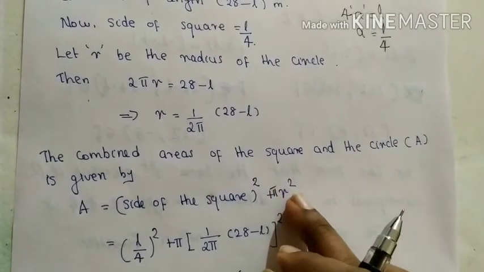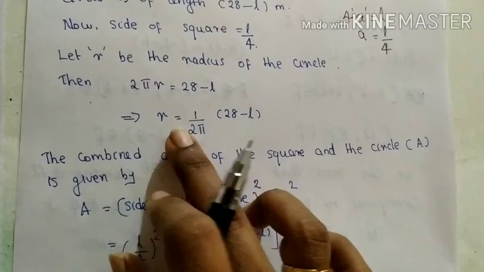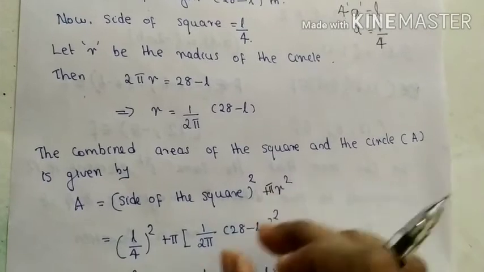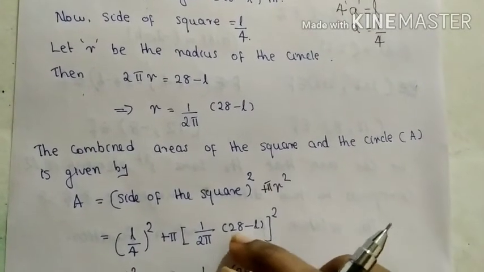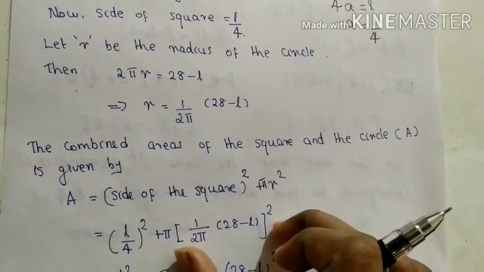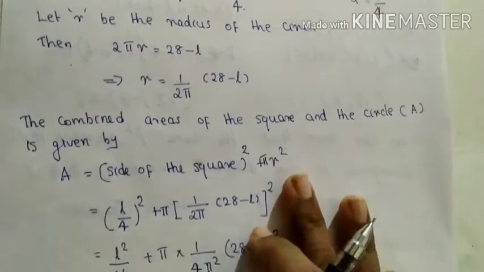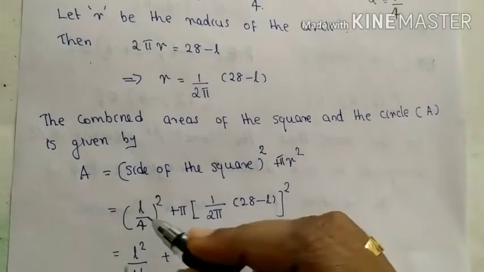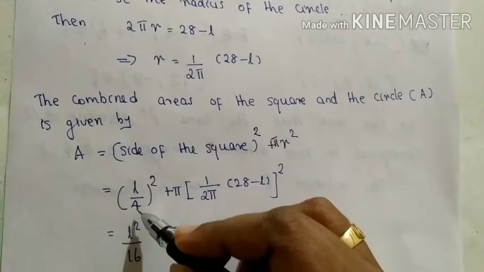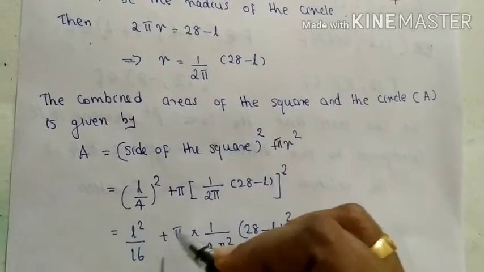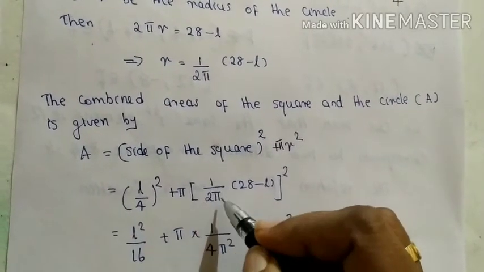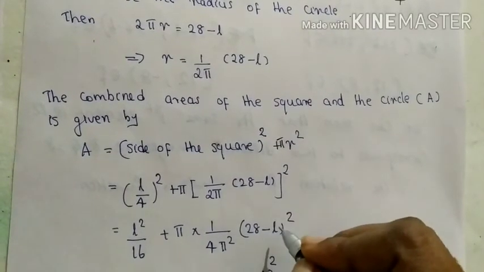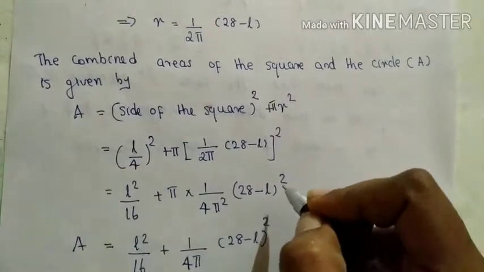For the area of the circle, we need the value of the radius. Substituting the value of r, we get the area of the circle as pi into (1 by 2 pi (28 minus L)) whole square. Taking the square on numerator and denominator, we get L square by 4 square, that is 16, plus pi into 1 by 2 pi all square, which means 4 pi square, times (28 minus L) whole square.